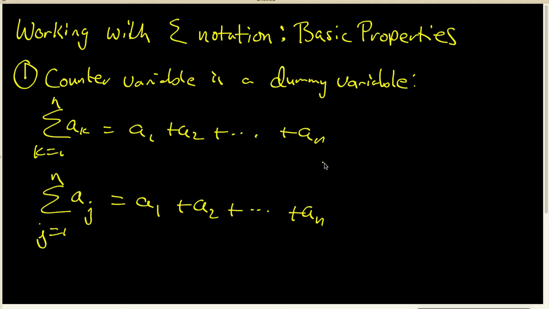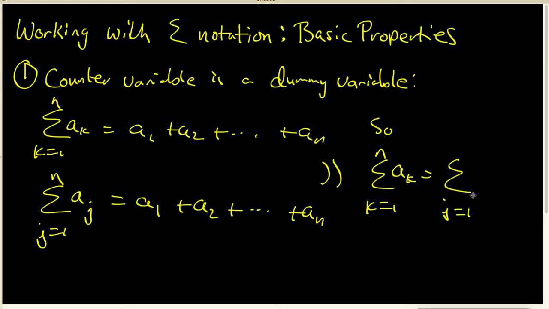And of course, these two things are equal. So what that tells me is that the sum as k goes from 1 to n of ak is the same as the sum as j goes from 1 to n of aj. In other words, it doesn't really matter what variable we use for the counter.